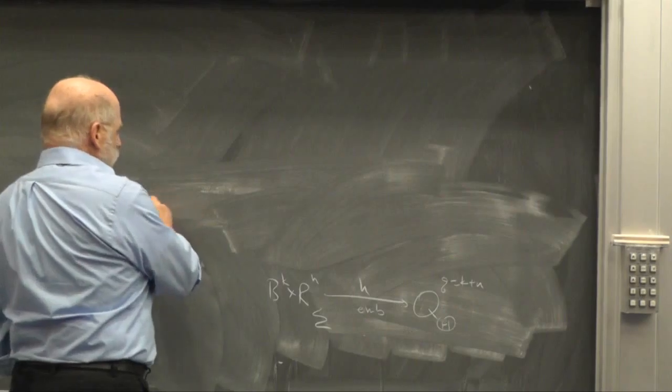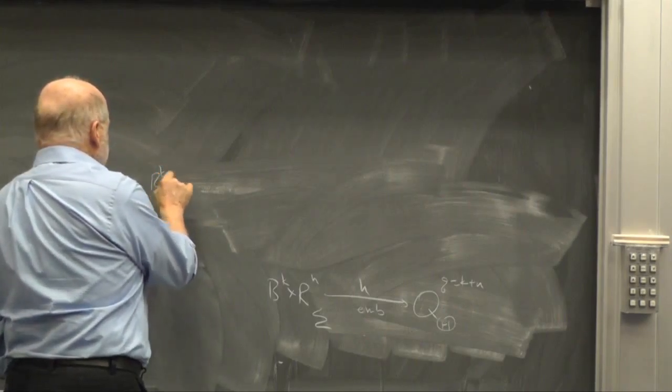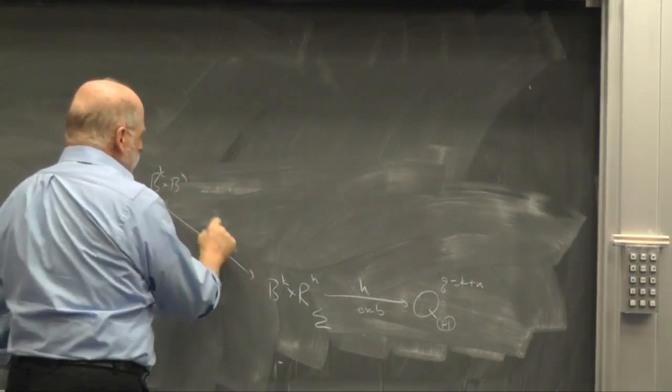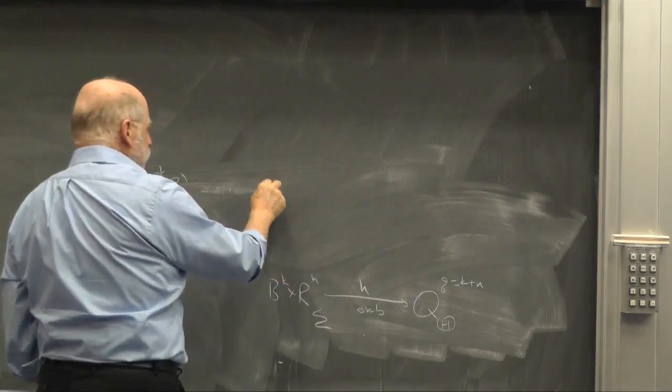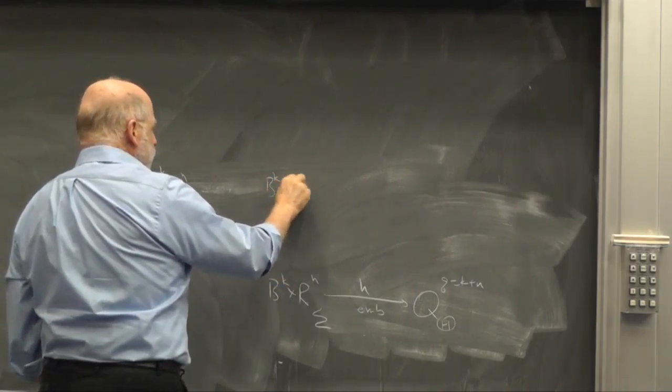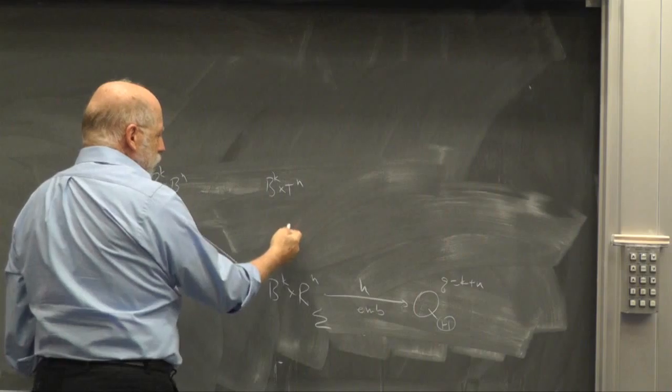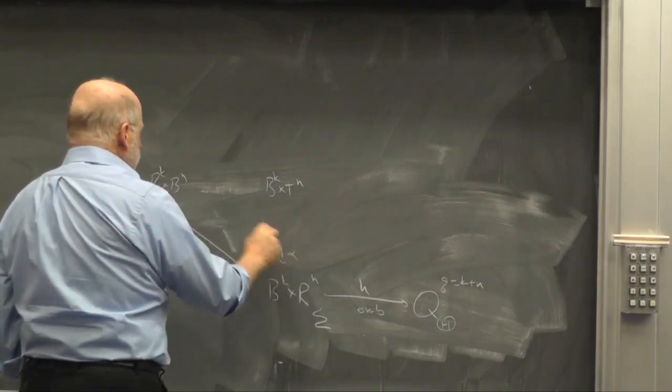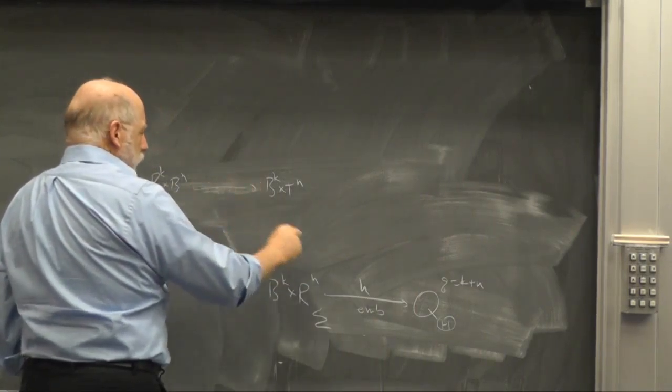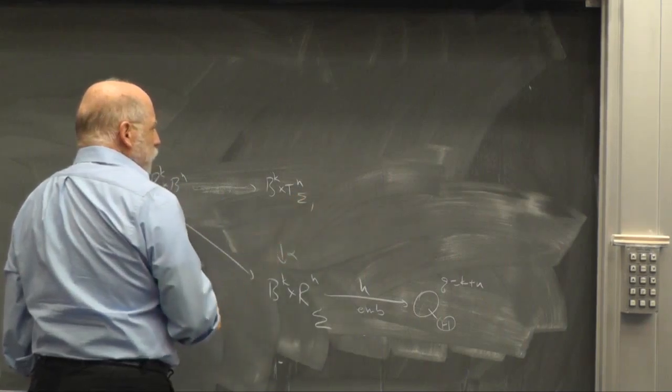Now remember, you try to lift it. You run through the tori, and you get it up to B^k cross T^n, where you have the punctured one, and you've got a structure sigma 1.